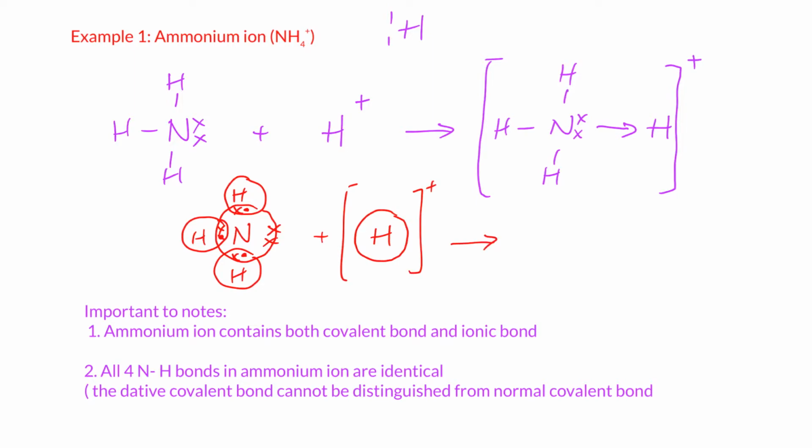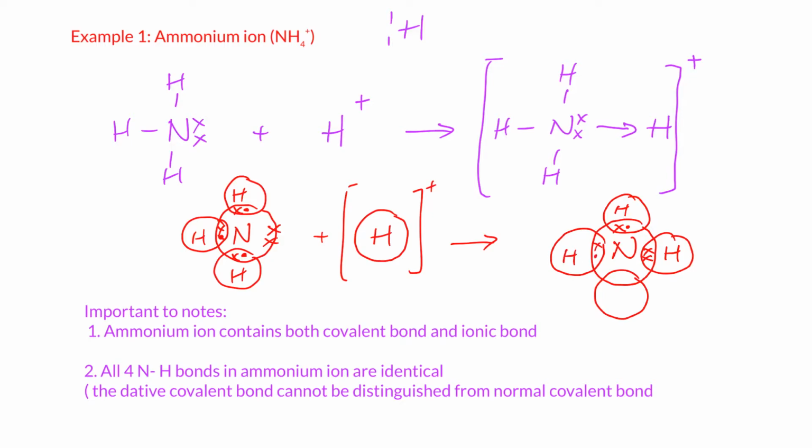So this lone pair in the nitrogen can be contributed to the hydrogen ion. Therefore, the nitrogen will form 4 covalent bonds. But among these 4 covalent bonds, in one of them both electrons are contributed by the nitrogen, like this. And overall, there is a positive charge right there.